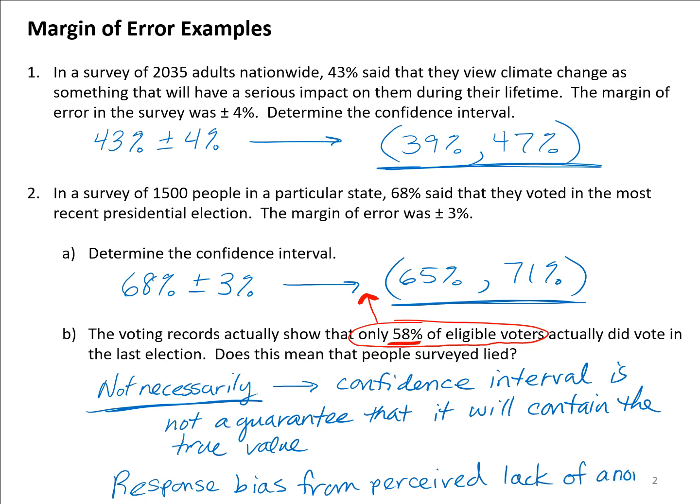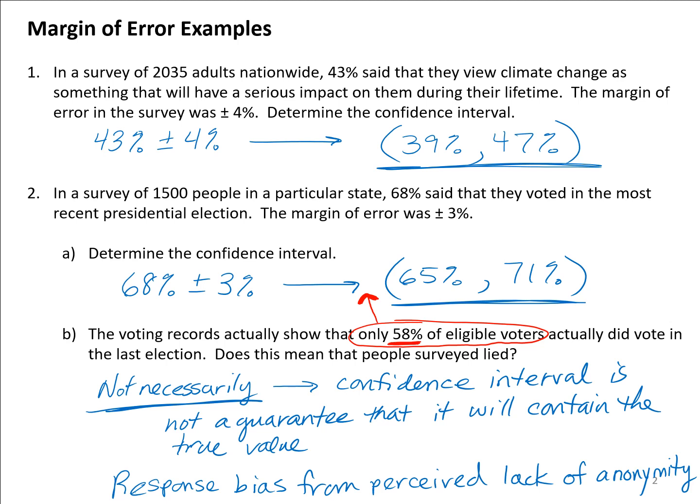And if you think about this situation, a lot of people like to say they voted and they want to vote, but maybe on the day of the election, they run out of time or they forget to mail in their ballot. So lots of things can happen, and they may want to put their best foot forward and try to tell the person, yes, I voted, even though they really didn't.